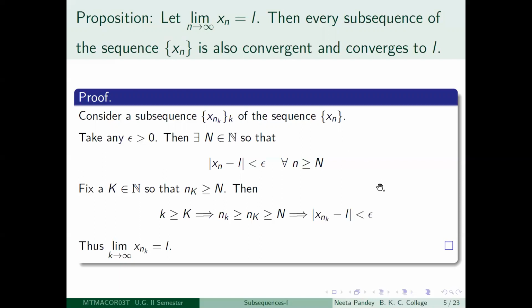So we have shown this, that if your original sequence was a convergent sequence converging to L, then any subsequence of the original sequence will also be convergent, and not only that, it will converge to L. So the only possibility for a limit of a subsequence will be L, and every subsequence is actually going to be convergent.